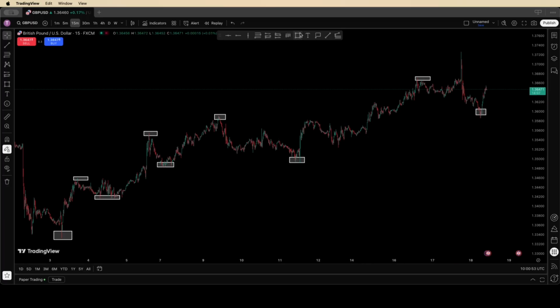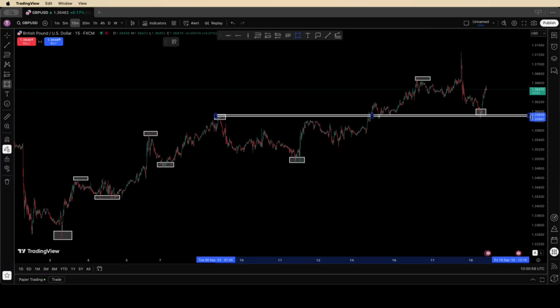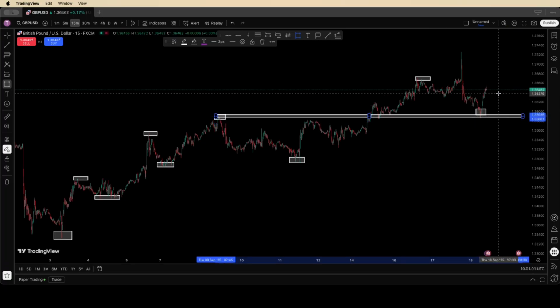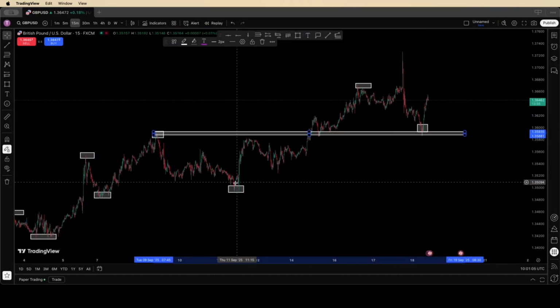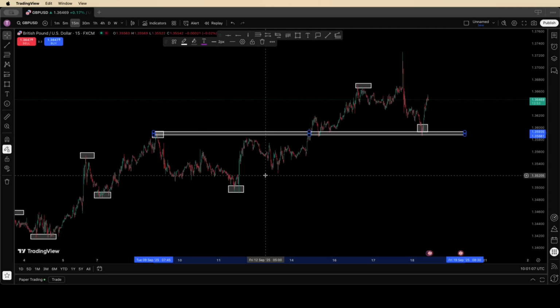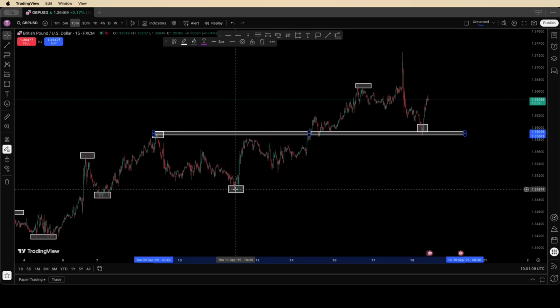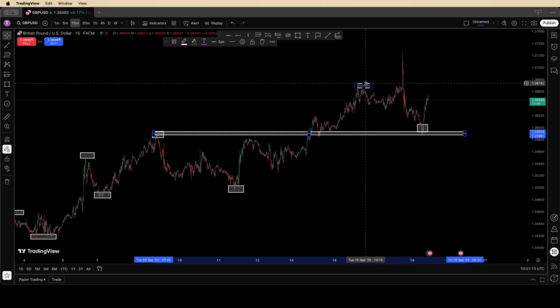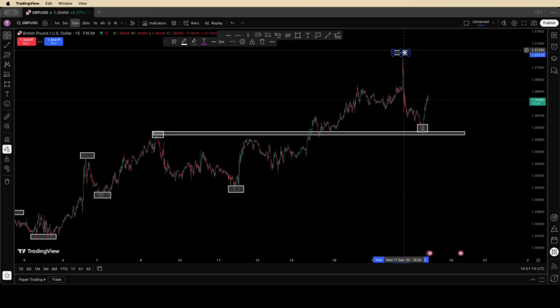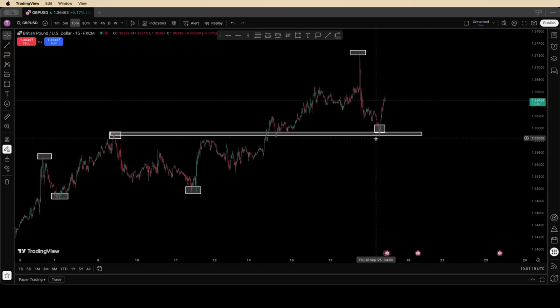So where we want it, it has to retrace here. Okay, so now we can see this was our previous low. It went up. This one also you can count, but this is where it started the move up to this level. So this is your higher high, and then this is your higher low.